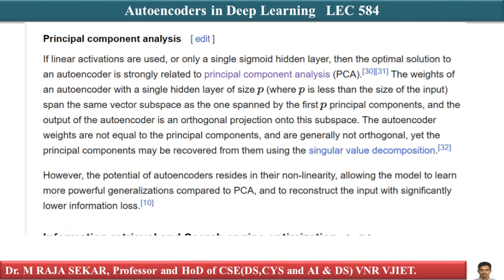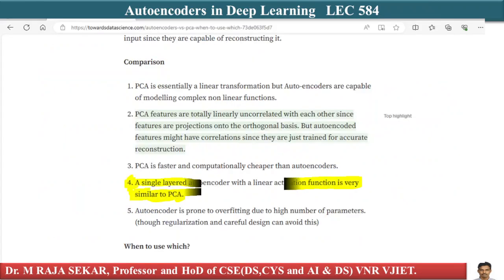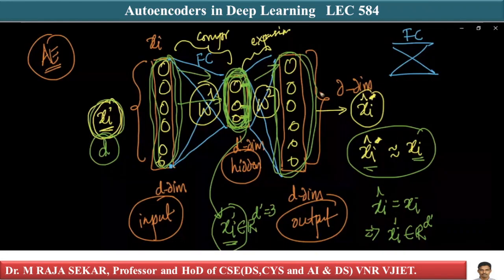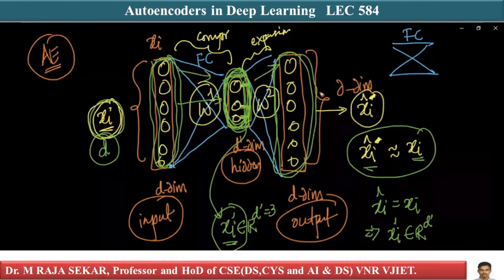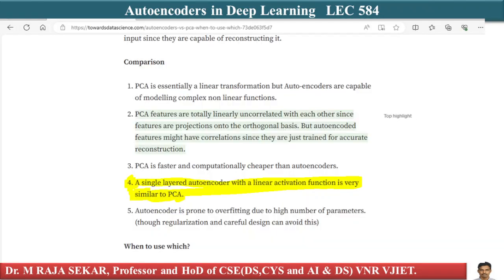If all your activations are linear, and you have a single sigmoid hidden layer, let's assume all of these units are sigmoid units, then the output you get of the autoencoder is closely related to principal component analysis. This is only when you have one hidden layer.